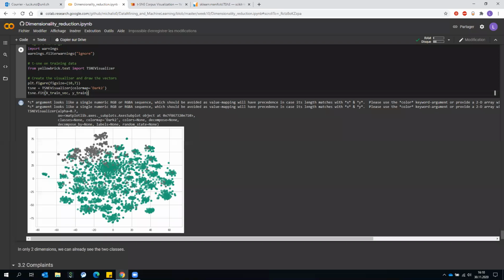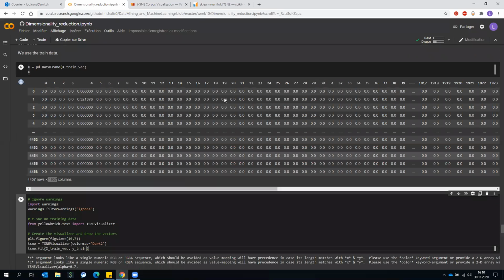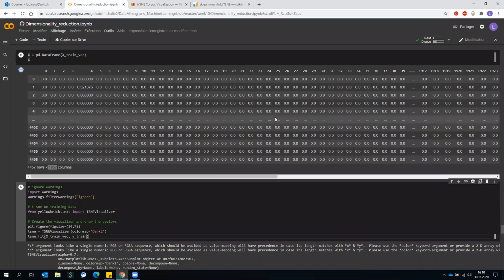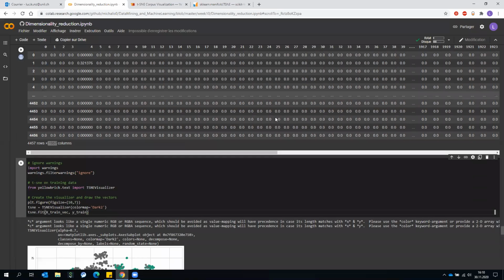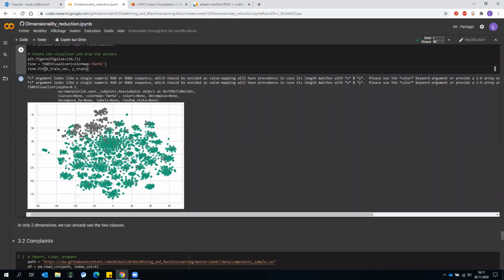So that's great, even if there are a lot of zeros and it's an easy case, of course, but this is impressive to go from 2000 to only 2 dimensions.